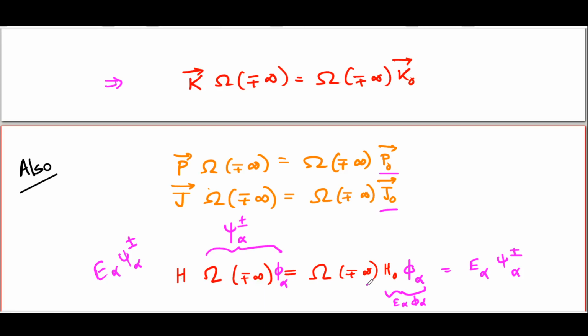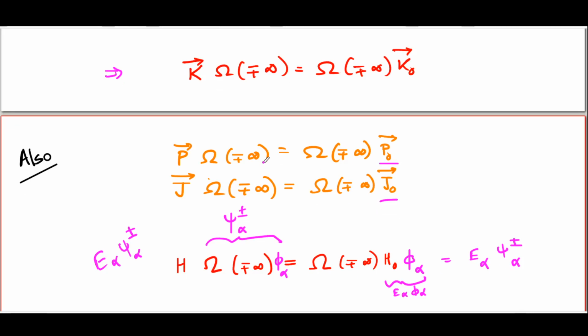So these two operators give you exactly the same result acting on all free energy eigenstates. And since the free energy eigenstates form a complete basis, these two operators are one and the same. So we have a bunch of relations which essentially intertwine K, P, J, H with K0, P0, J0, H0 using the omega as the intertwiner, so to speak.